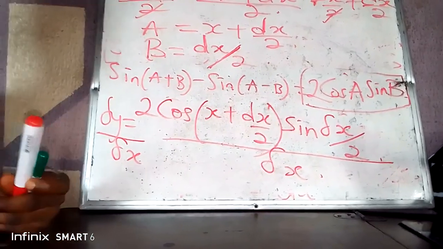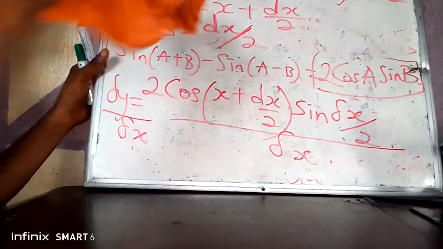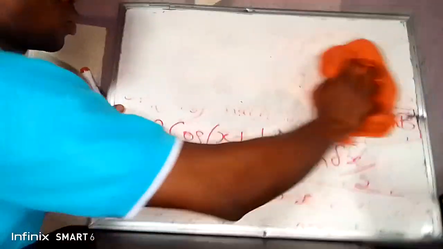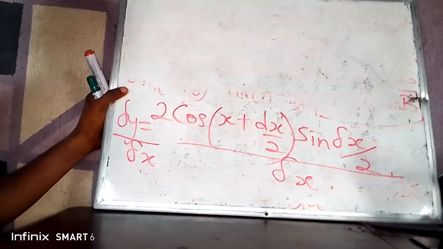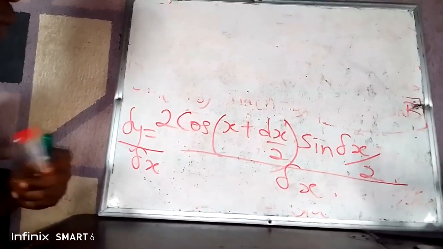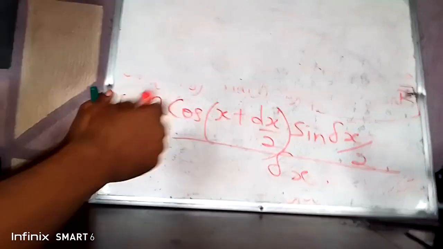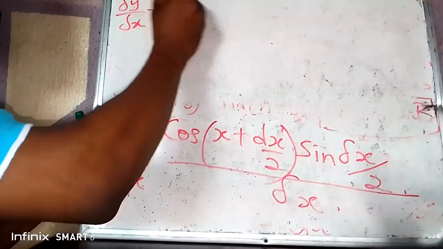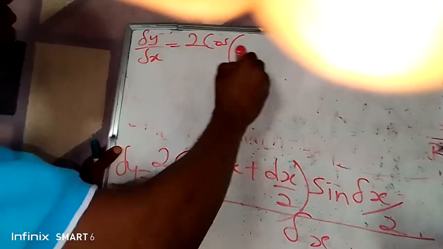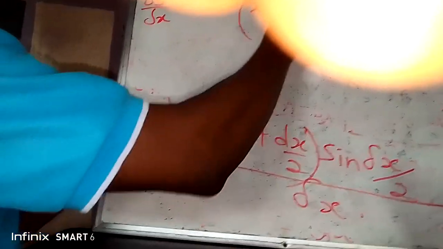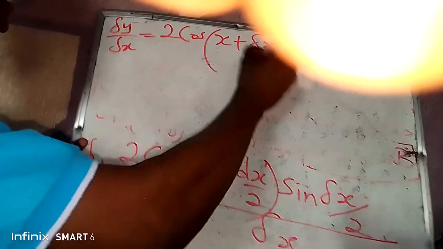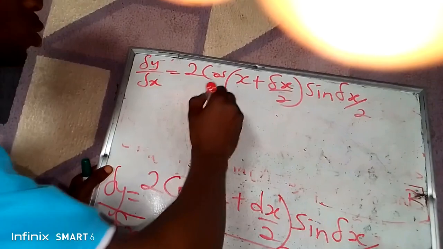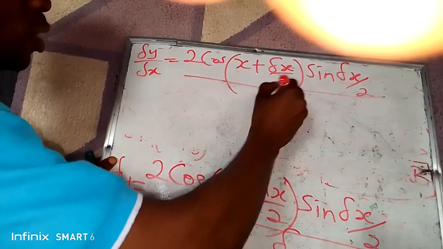Now, what's the next thing to do after we have done this? If you look at this very well, you can also write it like this: dy over dx equals 2 cos, open bracket, x plus dx all over 2, sin dx all over 2, all over dx.